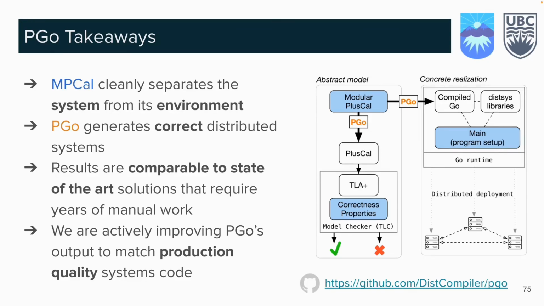Our results are comparable to state-of-the-art as far as we've evaluated them, and that state-of-the-art takes a lot of effort to verify, so our lighter weight setup seems to be quite promising in terms of being able to spin up quickly. And we are actively working on improving Pico's output and ability to generate production quality systems code, or be part of it.